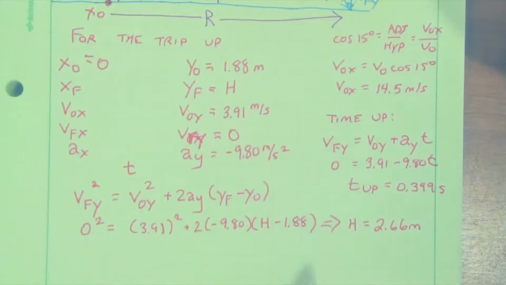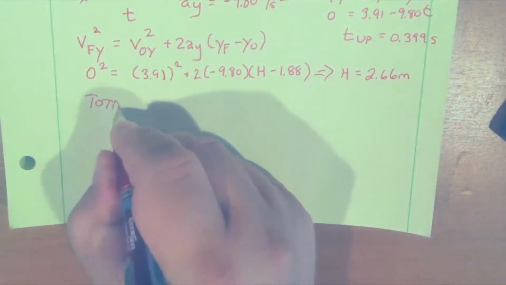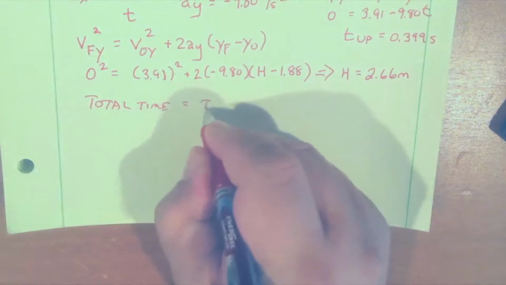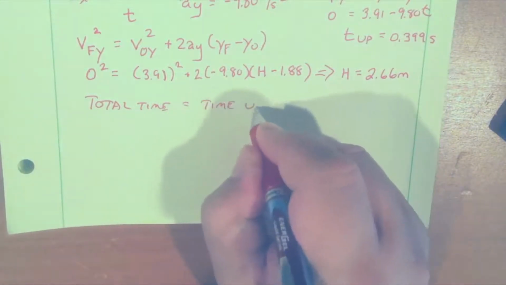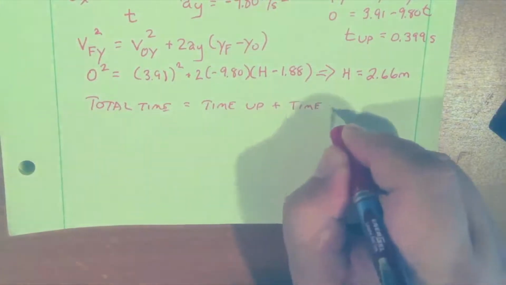Now we are asked to find the total time in the air. Well, that total time in the air is going to be equal to the time to go up plus the time to go down.